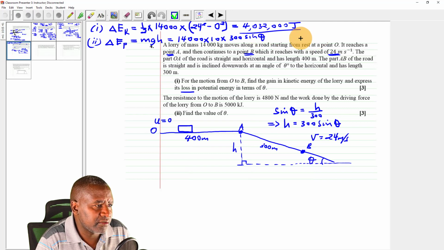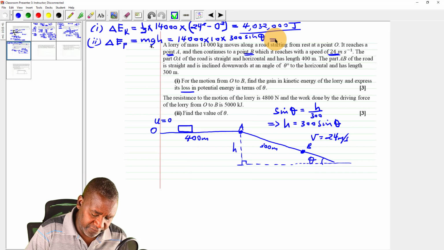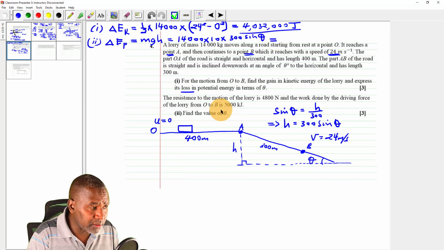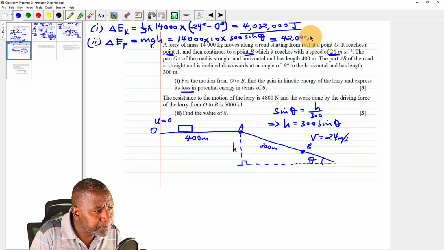Let me just get rid of that in order to create some space there. I'm going to write down that answer. So I have 14,000 times 10 times 300, and I have quite a large number, 42 million sine theta joules.